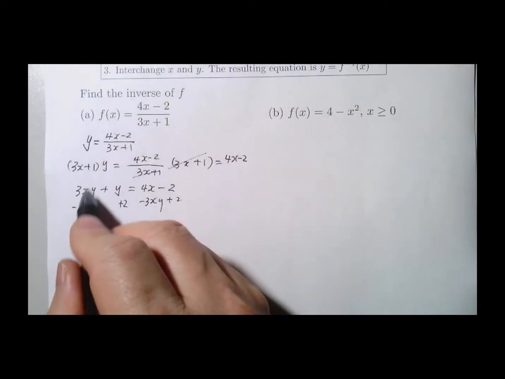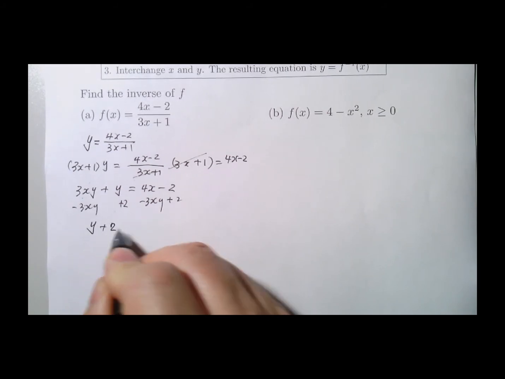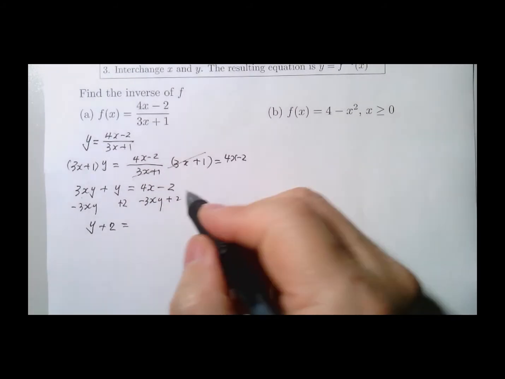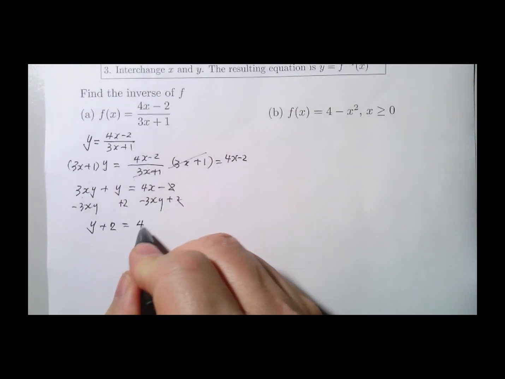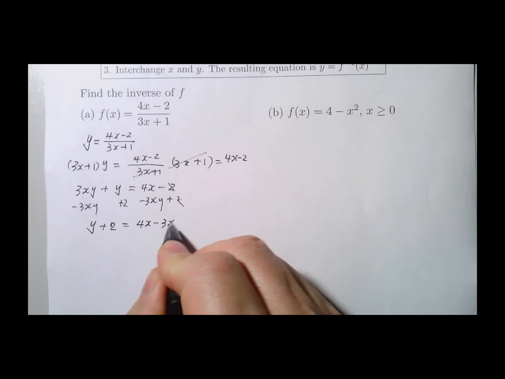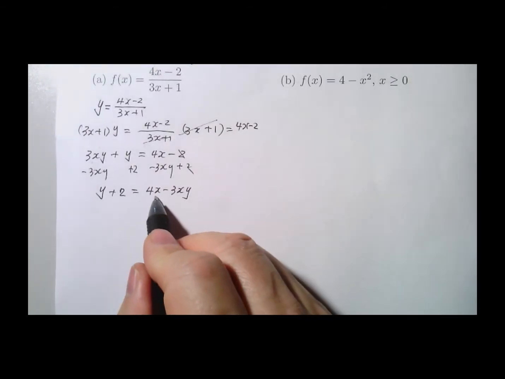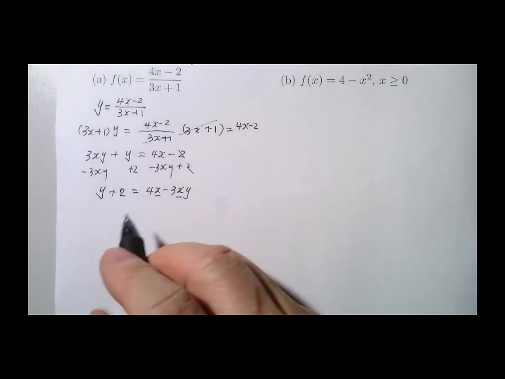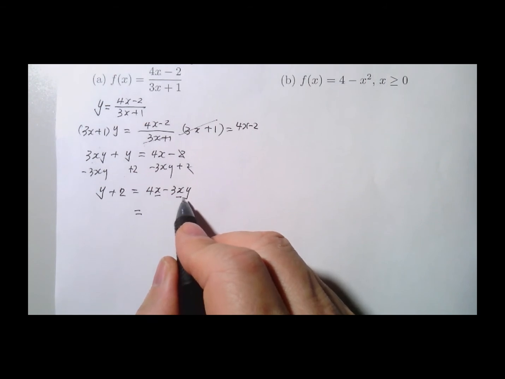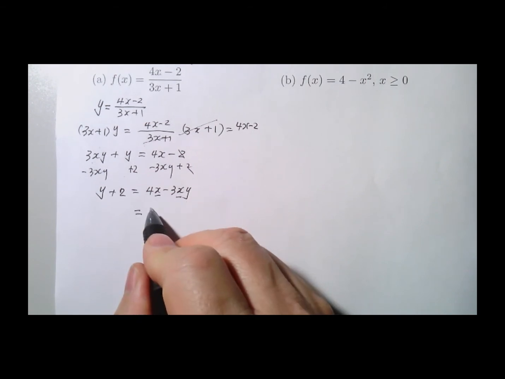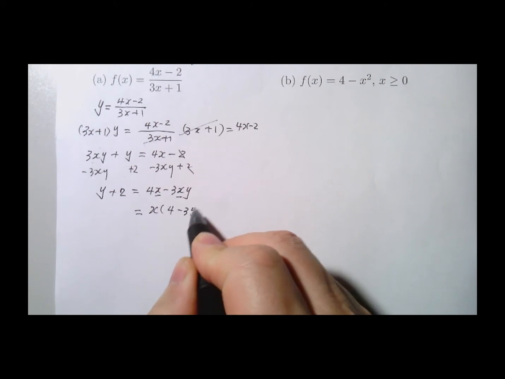Now on the left, you have y plus 2. On the right, the 2 cancelled, and you have 4x minus 3xy. Now we want to solve for x, so we factor out x. You have x times (4 minus 3y).